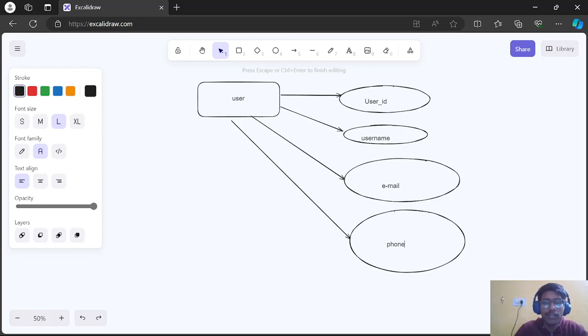So there are four attributes in the user entity: user ID, username, email, and phone. The user ID is unique, which is the primary key in this entity, and every user has a different user ID. The username is also a simple key, different for everyone.